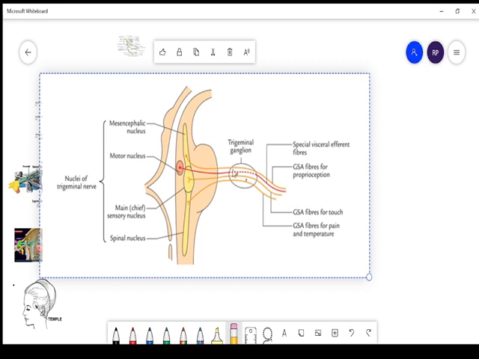But during explanation of the pathway of the fibers, I will explain from the central nervous system to the periphery, as it will be easy to explain.